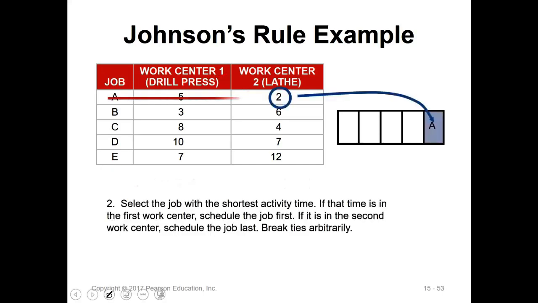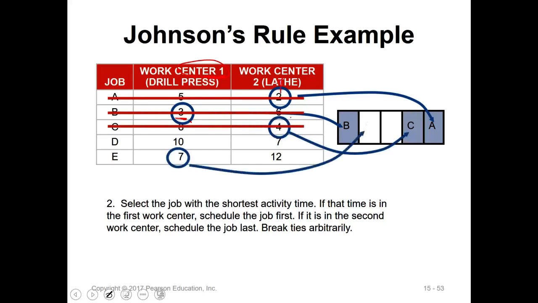So assign job A to the last position. Then look at the next smallest number, which is 3. Now it is with work center 1, so we assign this job in the first sequence. The next one should be 4. So 2, 3, 4.